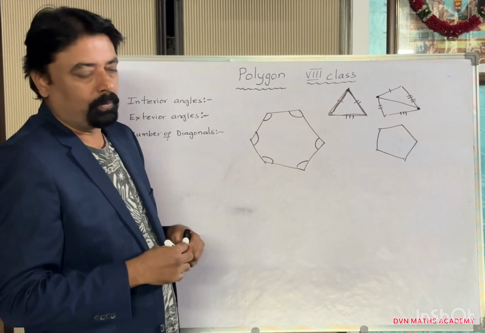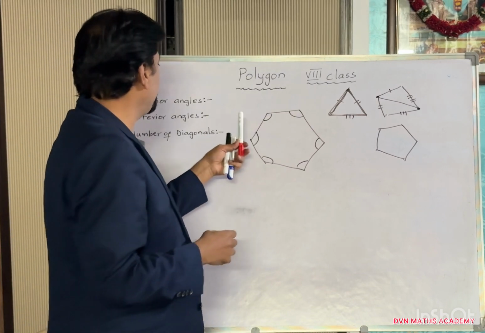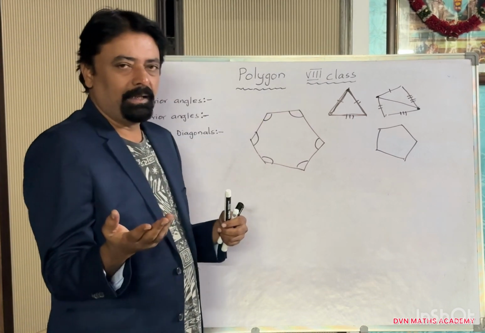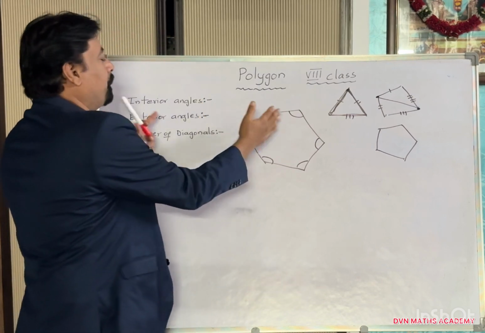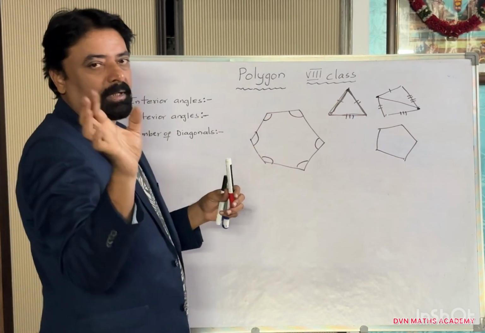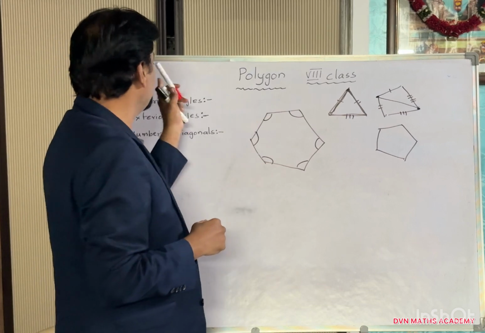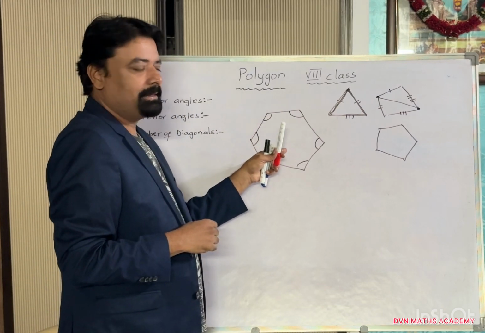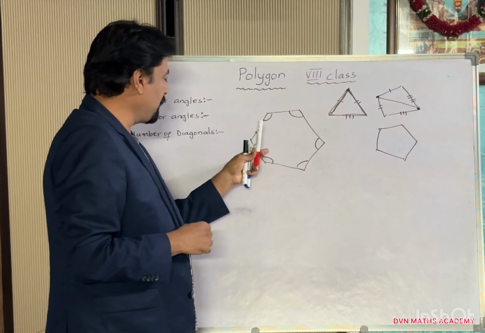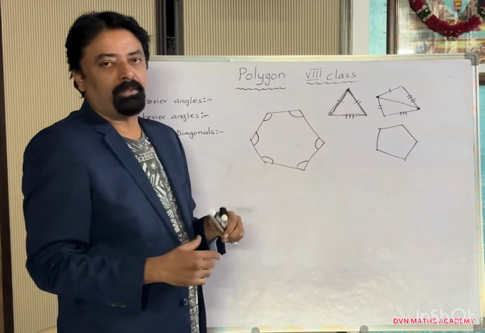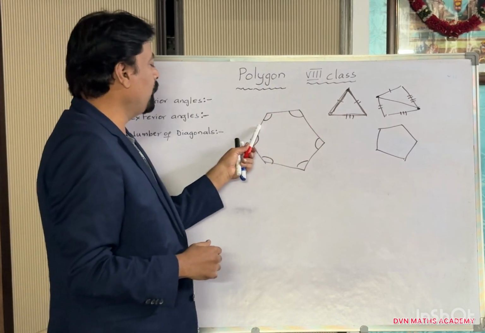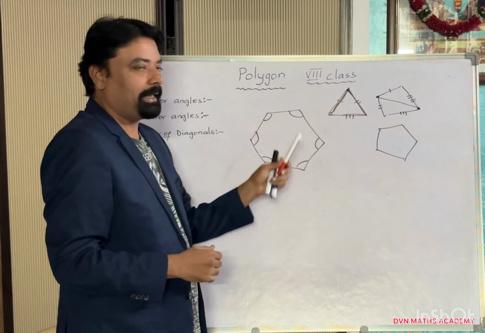That we need to know. The sum of interior angles, the exterior angle of a polygon, or the number of diagonals: these three topics depend purely on the number of sides. Here 1, 2, 3, 4, 5, 6 sides are there.